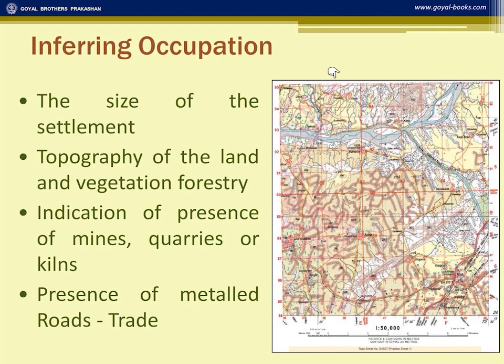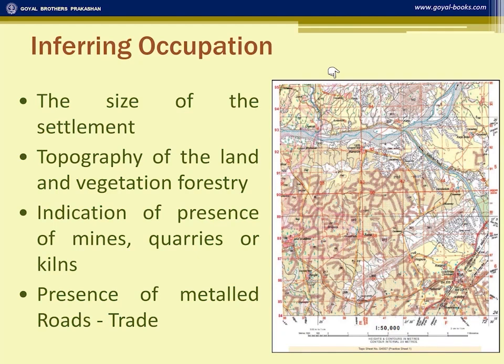In this case, people would be engaged in trade. In the case of a quarry, they will be working in the stone quarry. Suppose there is a post office and a telegraph office, people are working in the post office or telegraph office.